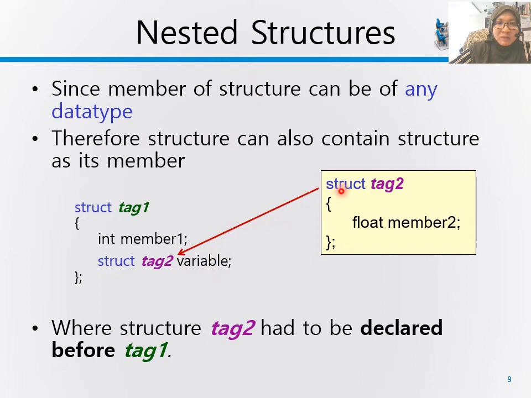For example, you have struct tag 2, which has the content float member 2. So this structure, tag 2, has to be declared before tag 1. Which means struct tag 1 contains another struct, struct tag 2, which consists of a float member 2. So this is what we call a nested structure.